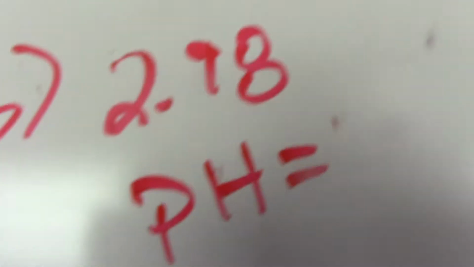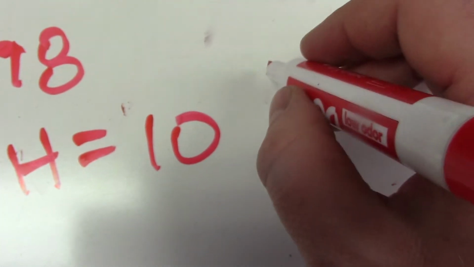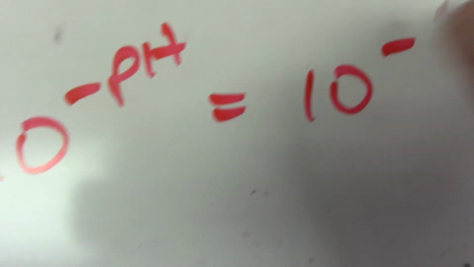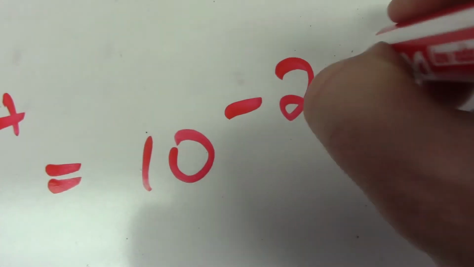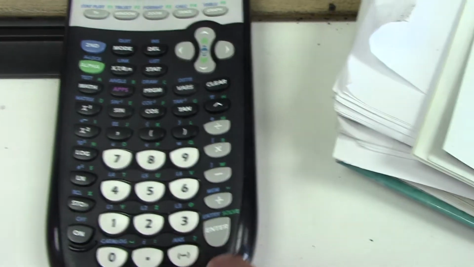B, let's look at this one, 2.98. The hydronium concentration is going to equal 10 to the negative pH, and that equals 10 to the negative 2.98. So here's how we do this. 10 exponent, so use this, okay, negative 2.98.